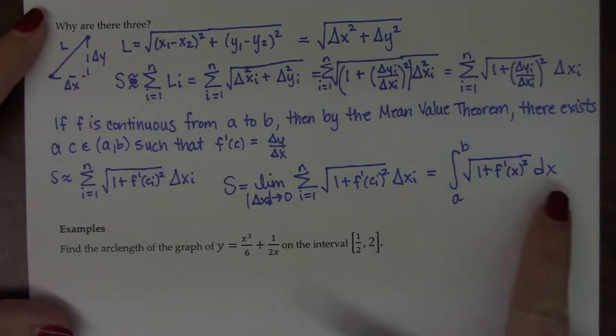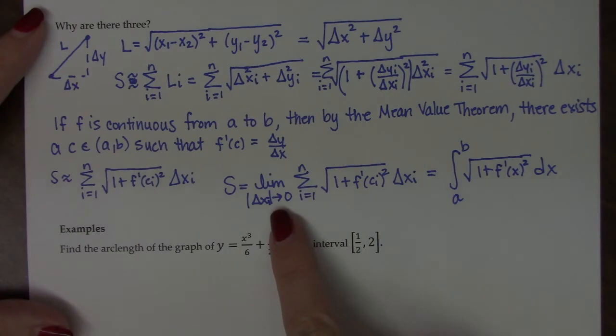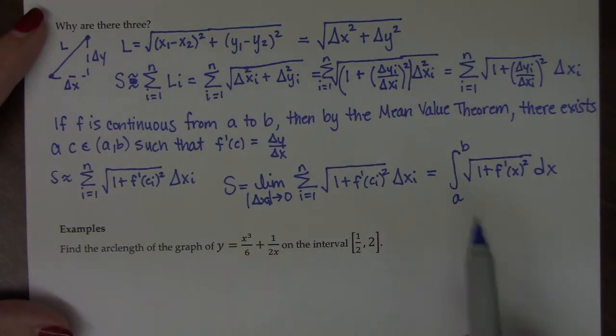So the delta x becomes dx. The limit of a summation, if you're creating infinitely many of these, turns into an integral. So that's where this integral comes from.